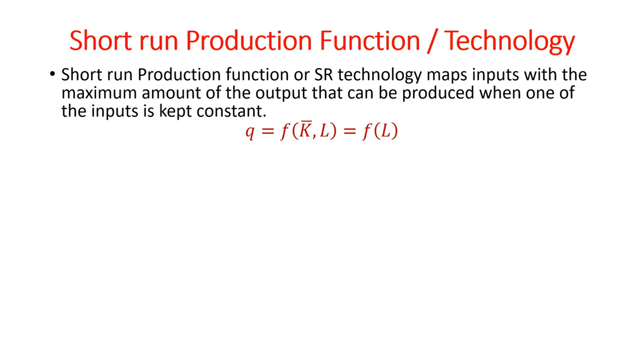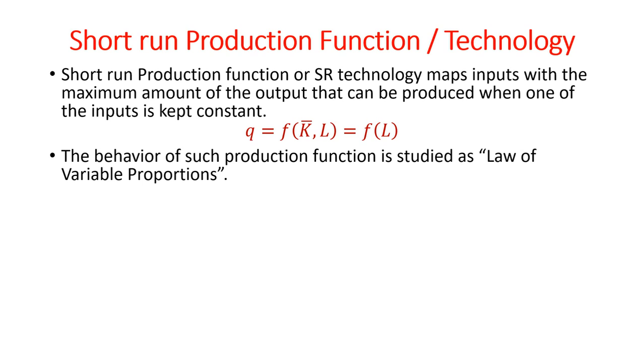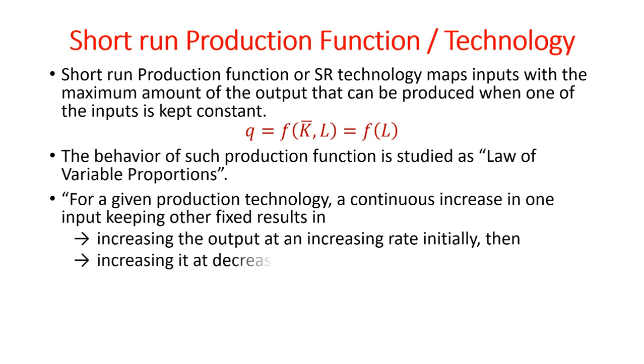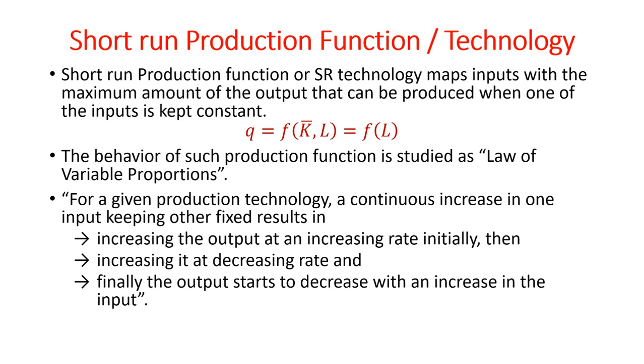The behavior of such a production function is studied as the law of variable proportion, which states that for a given production technology, a continuous increase in one input keeping the other fixed results in increasing the output at an increasing rate initially, then increasing the output at a decreasing rate, and finally the output starts to decrease with an increase in the input.